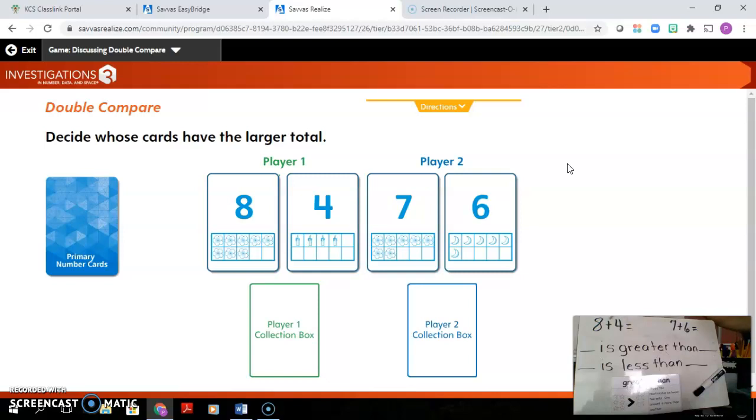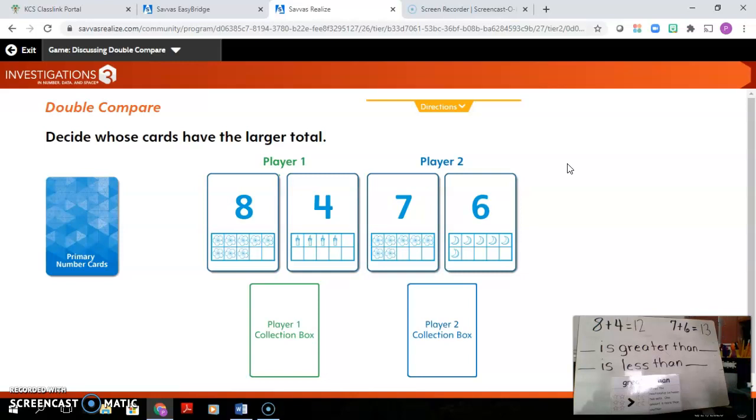So we use plus when we are combining numbers, finding the sum or the total of two numbers, and then we use the equal sign to tell what that sum is. So we've already figured out that 8 plus 4 equals 12, and that 7 plus 6 equals 13.